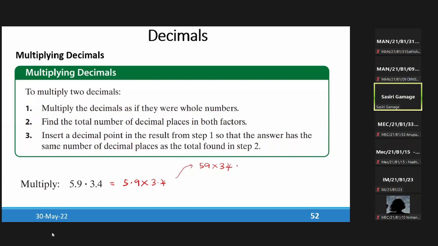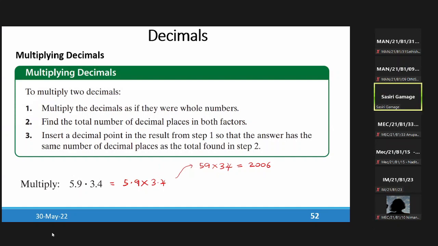Then we get the answer. What is the answer for this? Can you say? I don't have a calculator. 2006. Okay. Then we count the decimal places.